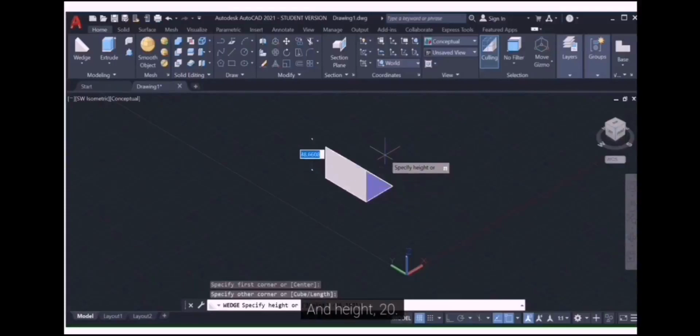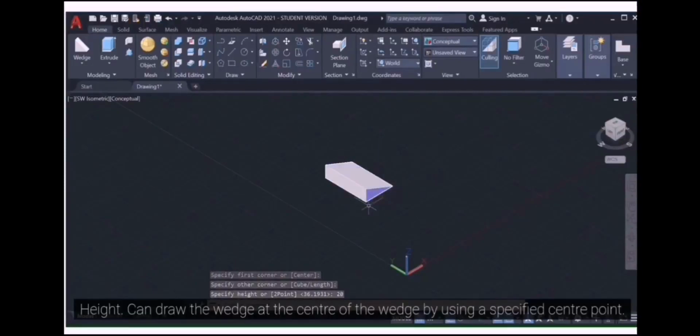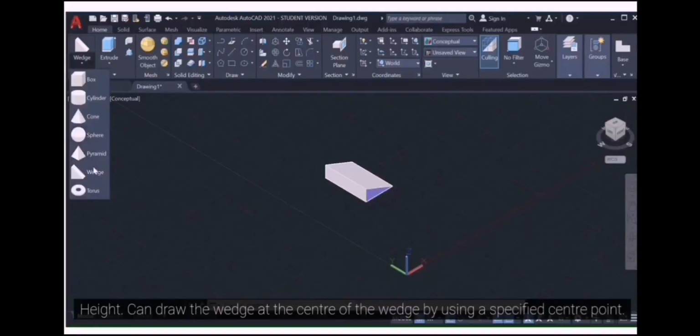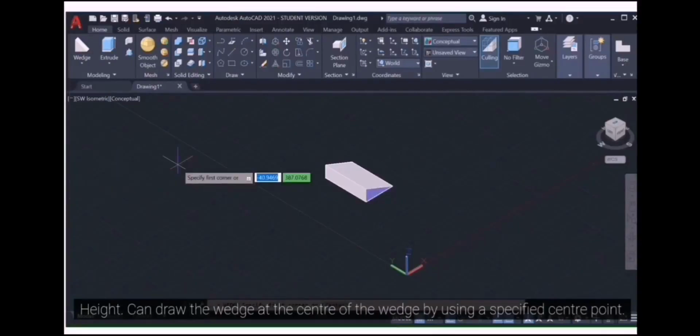And the height, 20. The height. Or you can draw the wedge by using a specified center point.